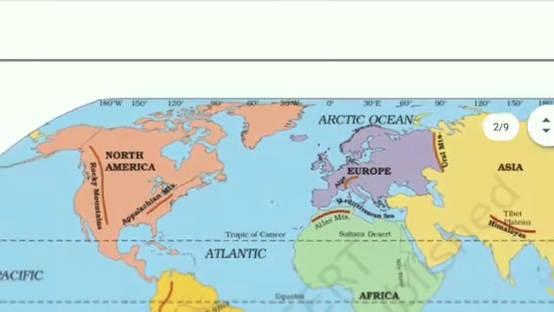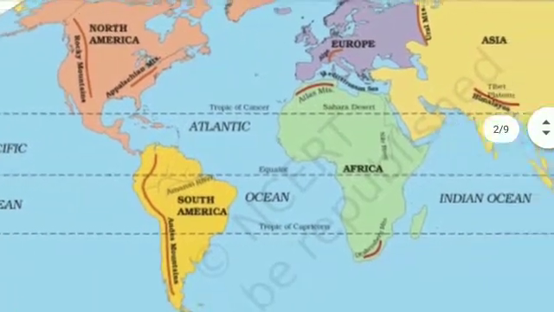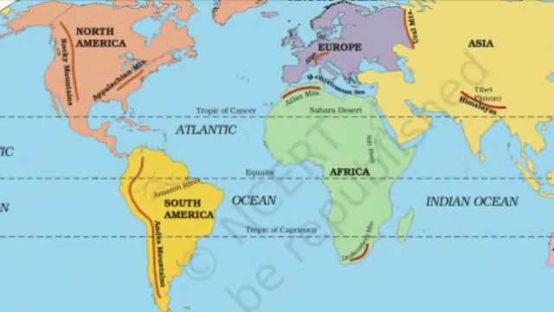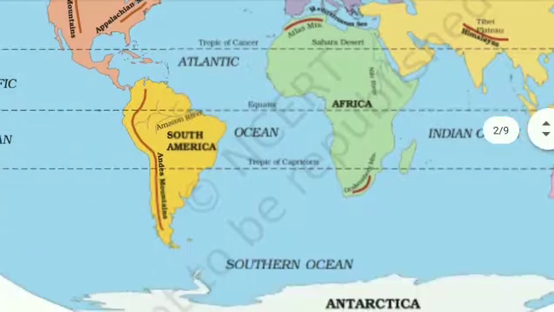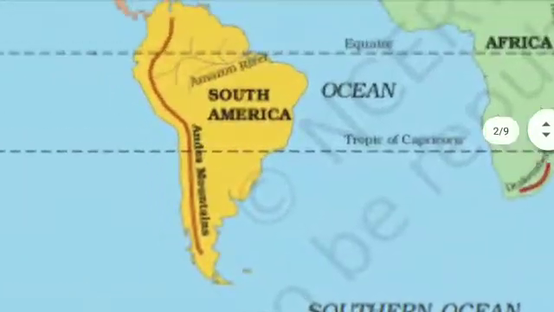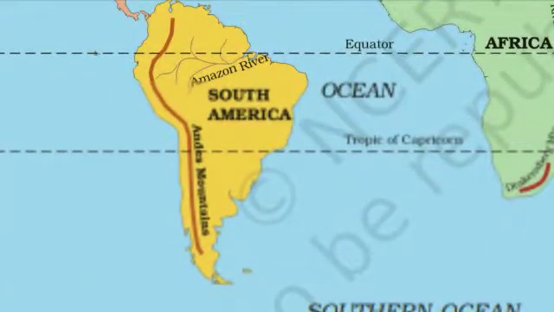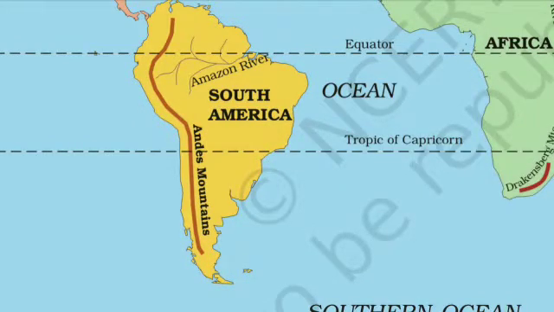Now, our next continent is South America. The major portion of South America is in the southern hemisphere. This continent is surrounded by two oceans, namely the Atlantic and Pacific Ocean.